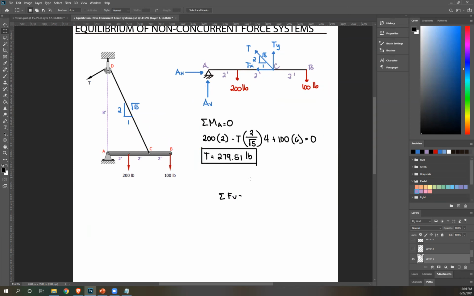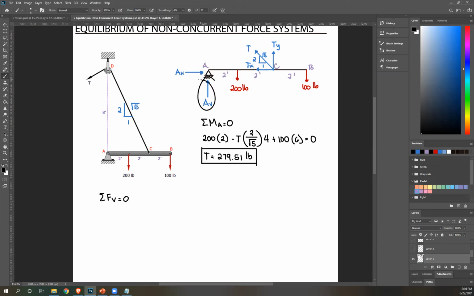Okay. So now summation of forces. We can start with either vertical or horizontal. So let's try vertical or y. Summation of forces y equals 0.